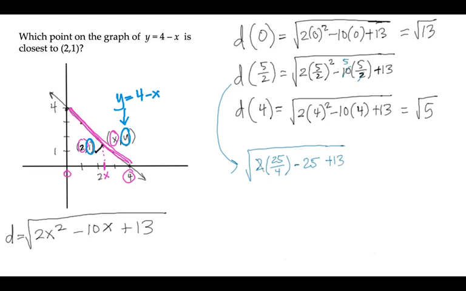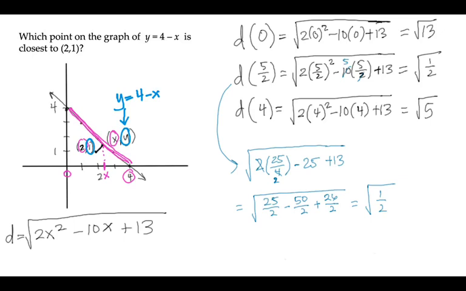My 2 and my 4 can reduce, so I've got 25 over 2 minus 25. I can write that as 50 over 2, and then 13 I can write as 26 over 2, just so everybody's got a 2 in the denominator. So that gives me 25 minus 50, that's negative 25, plus 26 is 1. I just get 1/2. So this distance here in the middle is the square root of 1/2.